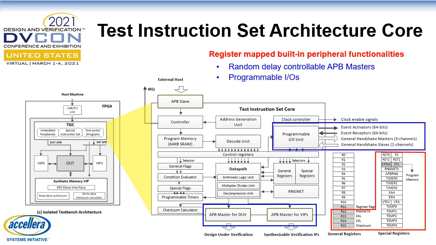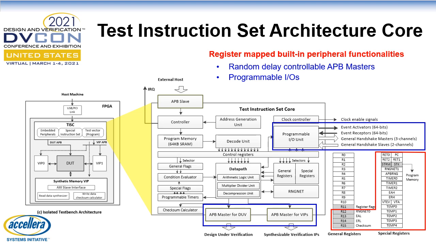Programmable inputs and outputs are mapped to specific registers so that they could be accessible directly by test programs. The programmable I/O units provide 64 bits inputs and 64 bits outputs, which could be connected to output and input ports of DUTs directly.